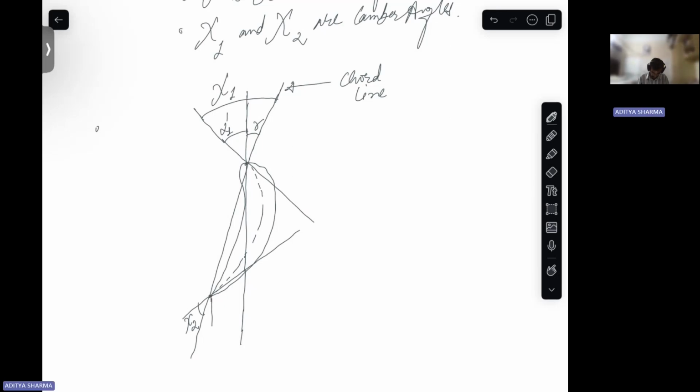Now if you have this vertical line drawn here, with vertical line and this chord line, you have stagger angle again. And this whole angle is blade angle.